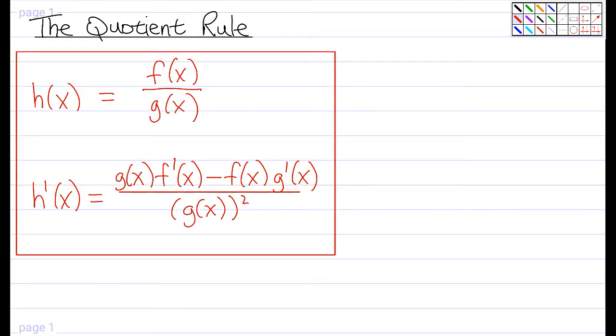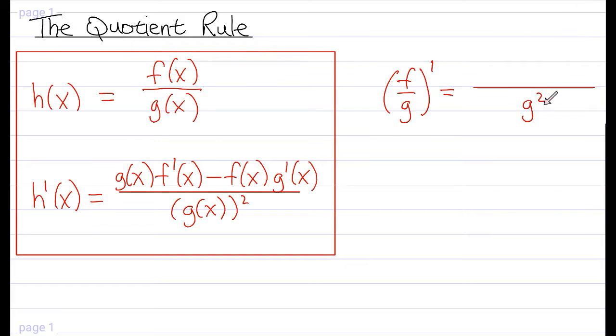Okay, well, that's kind of a big expression to memorize, right? So there are some nicer ways to write this, and there's some mnemonics out there that we can go over. I usually think of this as f over g prime equals g squared goes on the bottom, so the denominator becomes squared when we take the derivative.